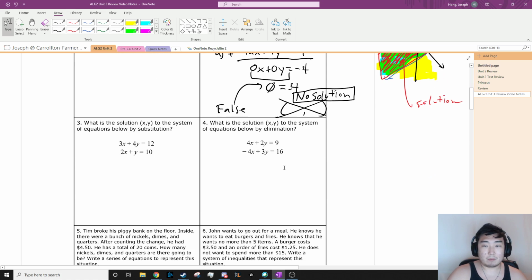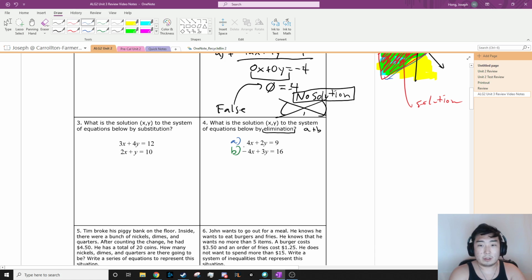So let's try this bottom one right here. What is the solution to the system of equations below by elimination? I still have to do A plus B. I'm going to use two different colors: black for my operations, equation A as blue and equation B as green.